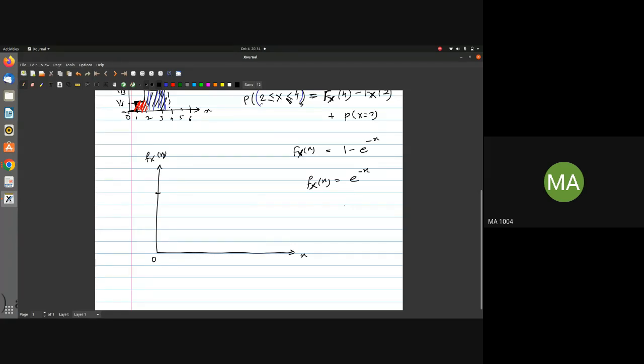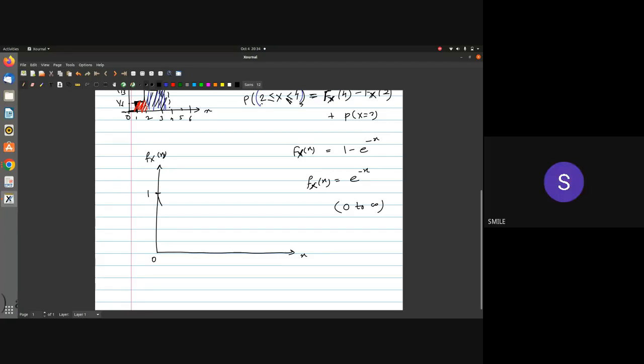What is the range of x for the exponential distribution? 0 to infinity. So when x is 0, it will be 1, and as it goes ahead, it will slope down.